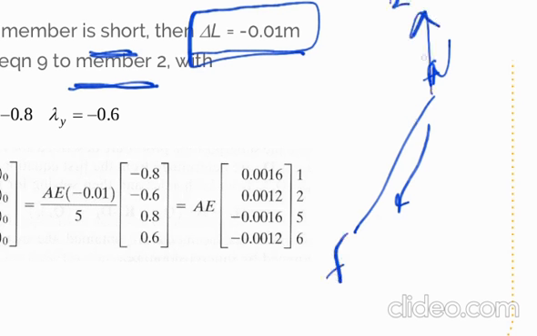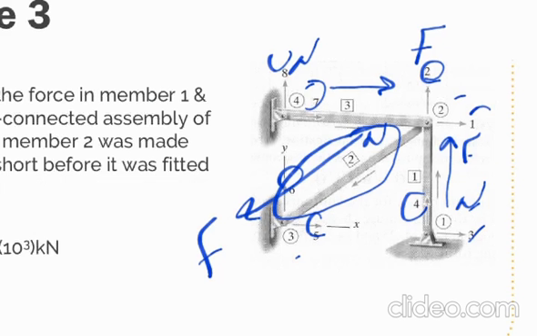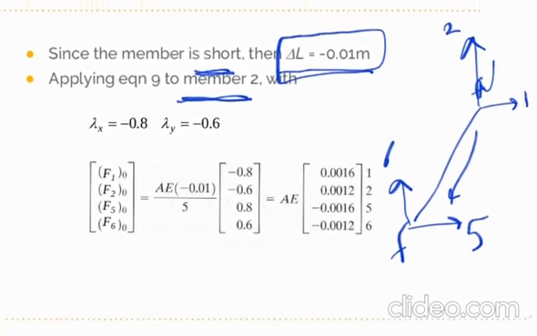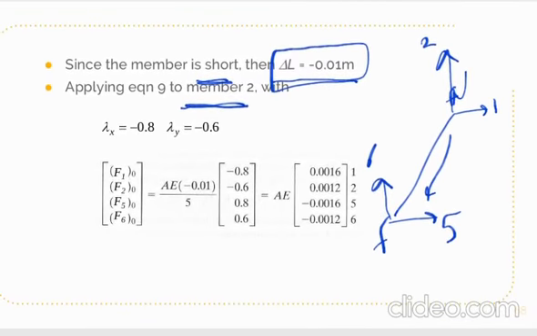This is global 2, global 1, and this is, I think, 5 and 6, okay. So to calculate the force, we have forces number 1, 2 and 5 and 6.